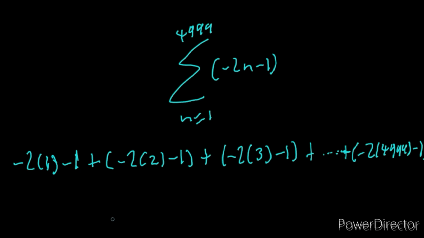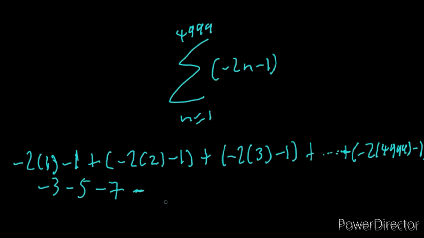So let's simplify this. Minus 2 times 1 is minus 2, minus 1 is minus 3. Then minus 2 times 2 is minus 4, minus 1 is minus 5. And then minus 2 times 3 is negative 6, minus 1 is minus 7. So you can already see the pattern. The next one will obviously be minus 9 and so on. So we can say plus dot dot dot, but we know that the next thing is still going to be minus.